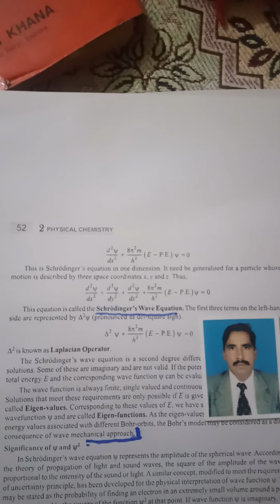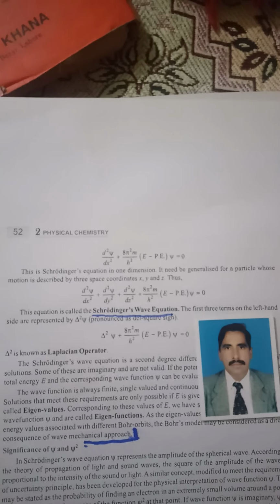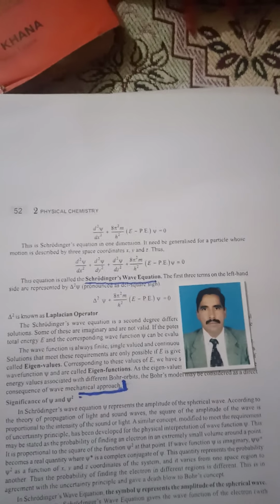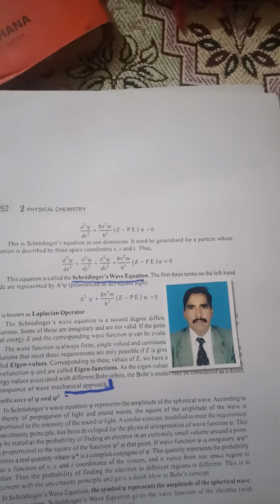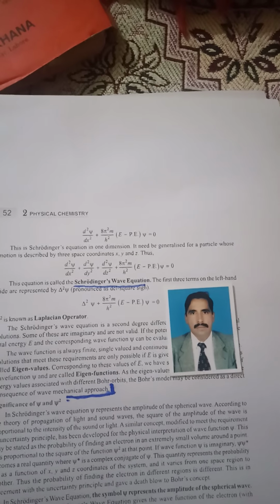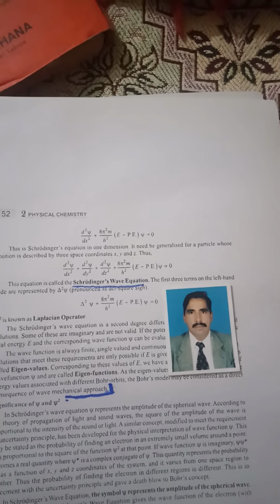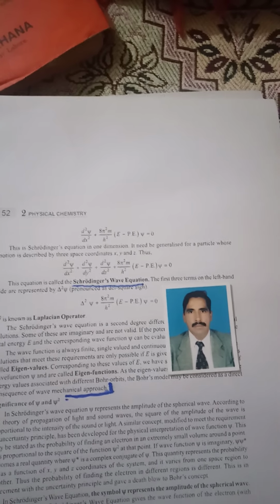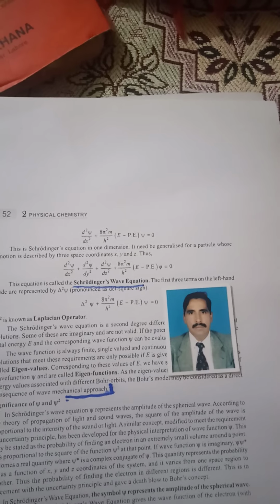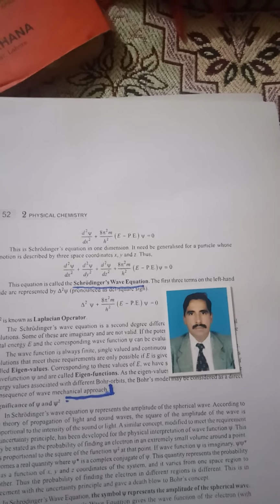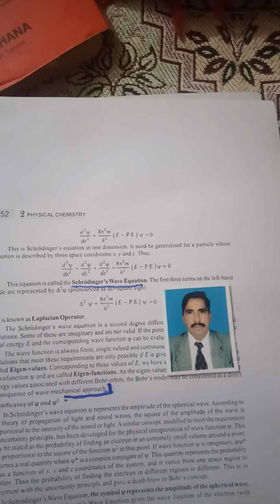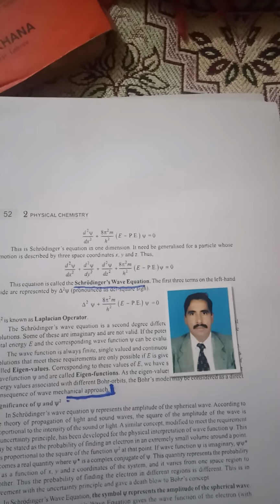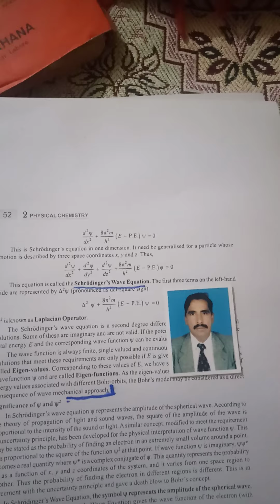It is generated for a particle whose motion is described in space with respect to three axes x, y and z. Thus with three axes: d square psi over dx square plus d square psi over dy square plus d square psi over dz square plus 8 pi square m over h square, parenthesis start, total energy E minus potential energy, parenthesis close, multiplied by psi is equal to 0.